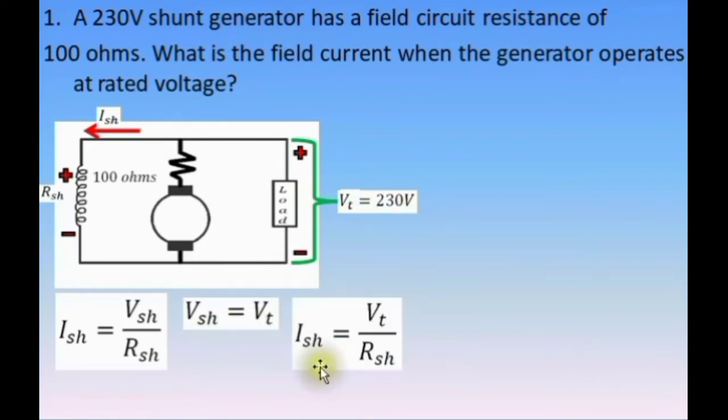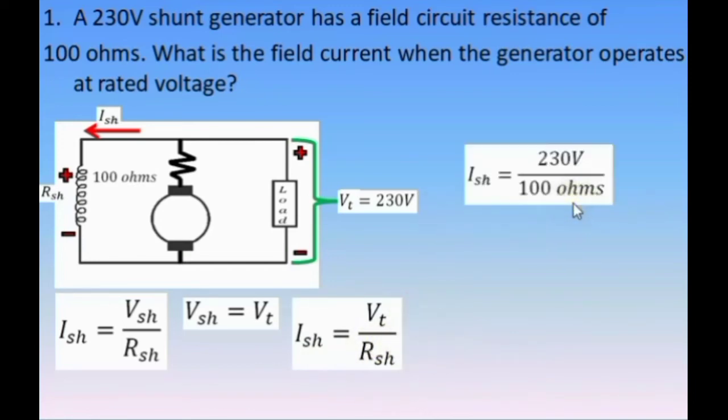That's why we have shunt field current equals the terminal voltage divided by the shunt field resistance. Substitute the values. ISH equals 230 volts divided by 100 ohms. The answer is 2.3 amperes. So this is the value of the shunt field current when the generator operates at its rated voltage.